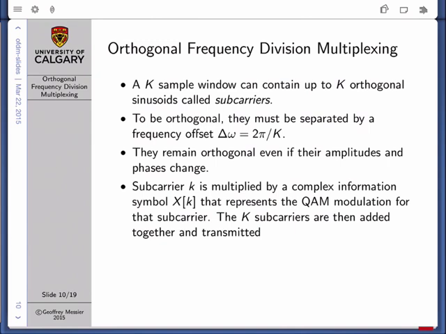Now, in theory, we are at the stage where we have a working communication system that is robust to the dispersive channel. We can take a long sinusoid and chop it up into little pieces, and change the amplitude and phase of the sinusoids according to our modulation scheme.